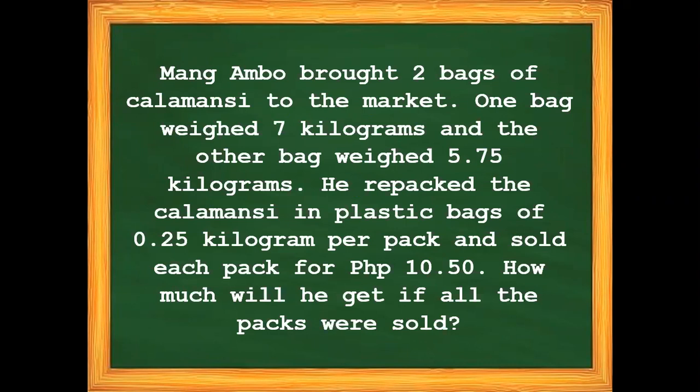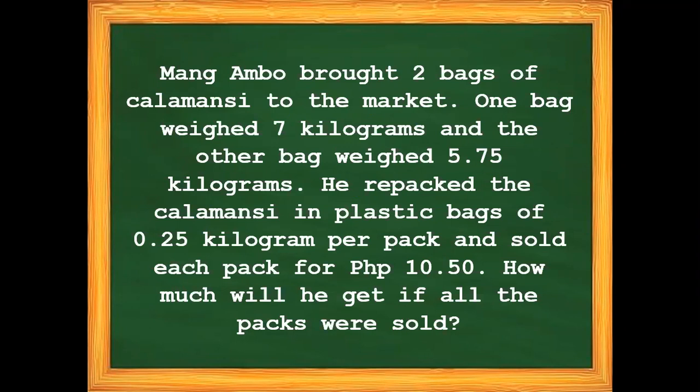One bag weighs 7 kilograms and the other bag weighs 5 and 75 hundredths kilograms. He packed the calamansi in plastic bags of 25 hundredths kilogram per pack and sold each pack for 10 pesos and 50 centavos. How much will he get if all the packs were sold?